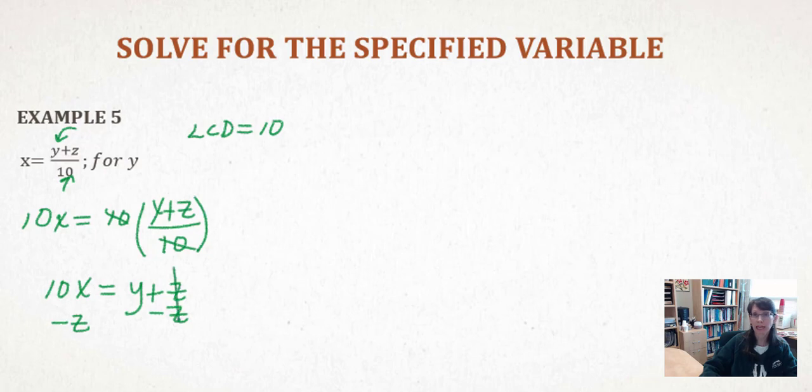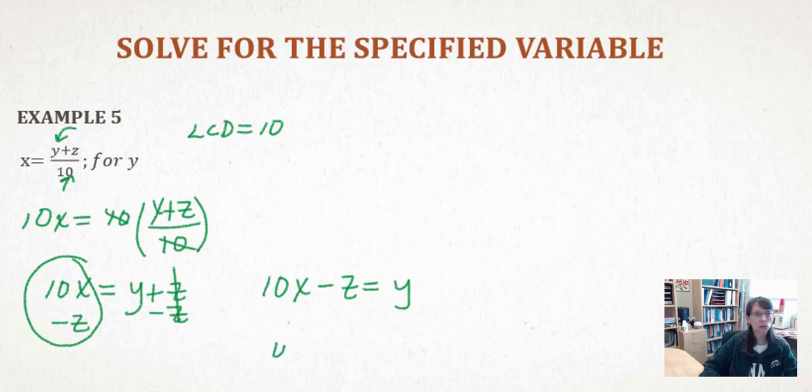So z will eliminate from the right-hand side, and then it collects on the left. We do not have like terms on the left, so the best we could do is to write 10x minus z equals y. Now this equation is equal to y equals 10x minus z, so either way you prefer to write it is acceptable.